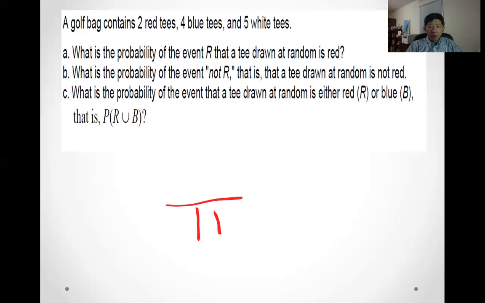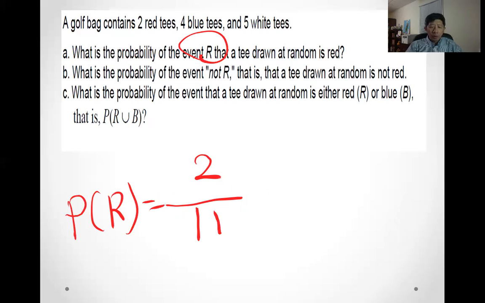And what is the probability to get the event R, which is red? 2. So the answer will be 2 out of 11, okay?